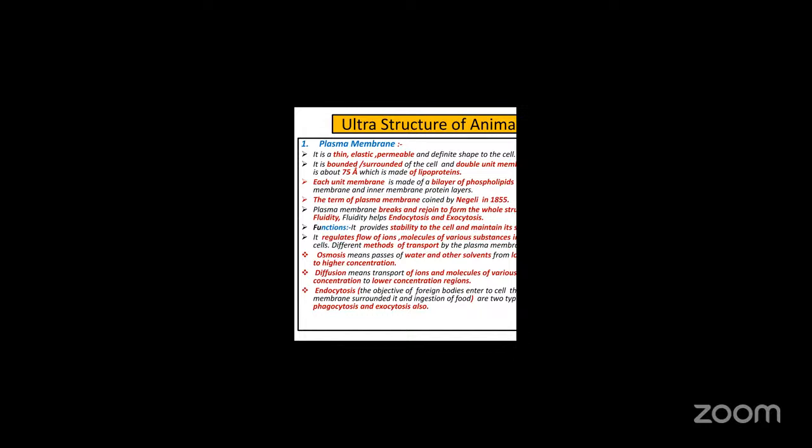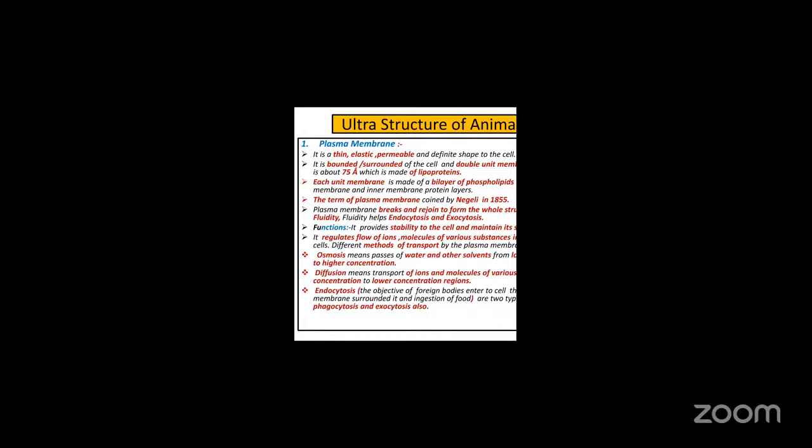That is the reason why the plasma membrane is more flexible, and it can break and again rejoin. So this fluidity helps not only the plasma membrane, but the whole cell as such, to undergo various processes. The fluid nature of the plasma membrane is very, very important, as it plays a very important role in performing the various transport activities.